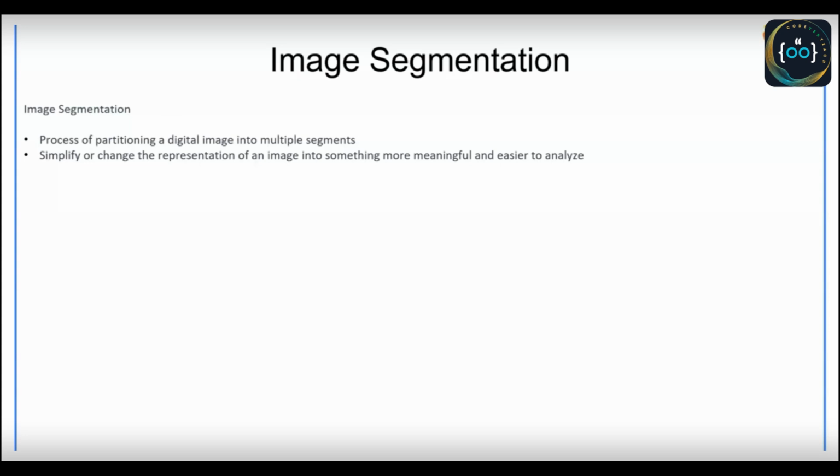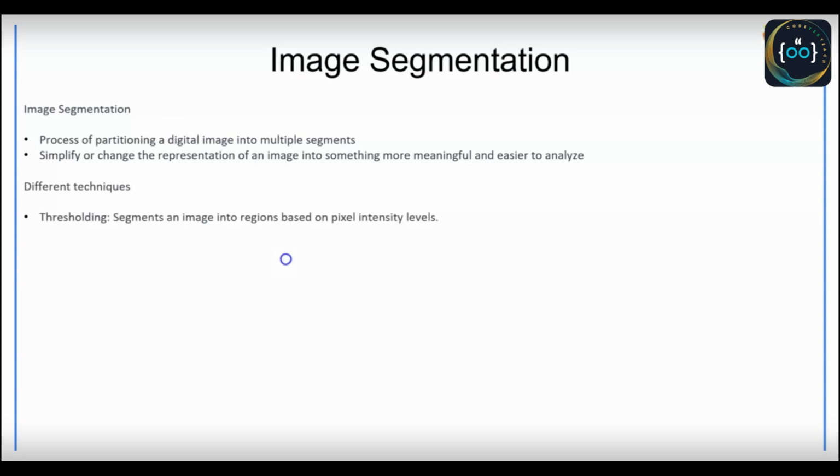Essentially, it is a process that categorizes every pixel in an image to a particular class or label so that pixels with a certain label share certain characteristics. There are many different methods for image segmentation, and the choice of method depends on the specific application. Here are some common types of image segmentation techniques. Let's go through them one after the other.